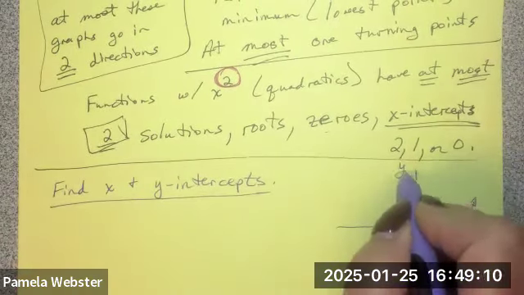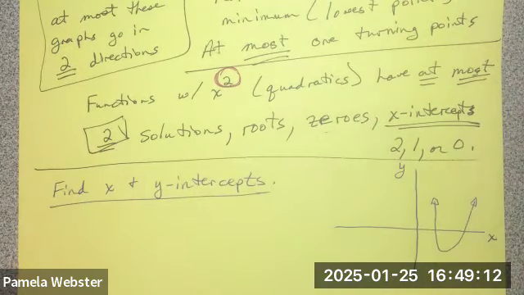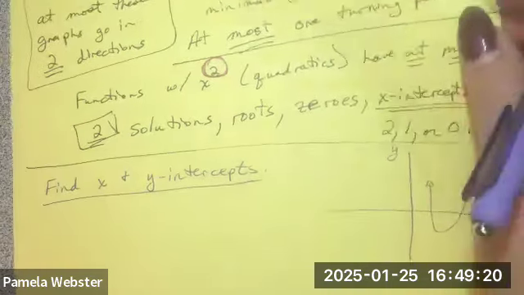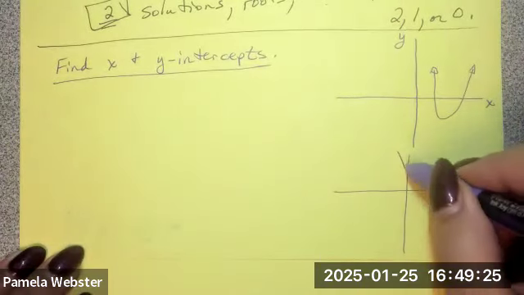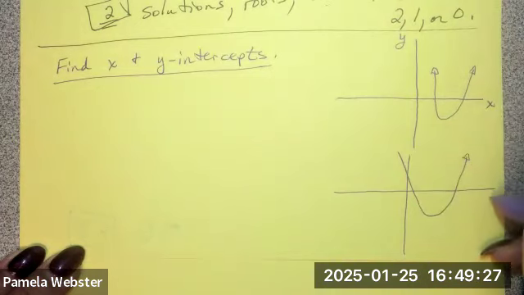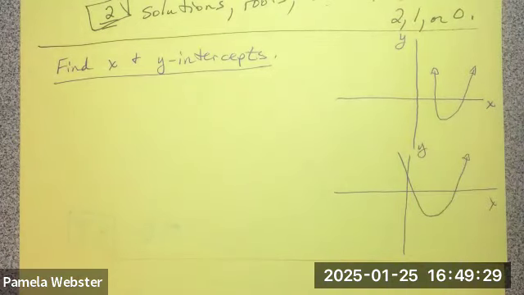Here's my x's and here's my y's, right? Okay, so I've got a parabola there. And if we wanted to talk about the x-intercepts, actually, I'm sorry. Let me draw a different graph because I want it to have both. I apologize. I'm just going to make it a little wider. The x and the y. Okay, there we go.